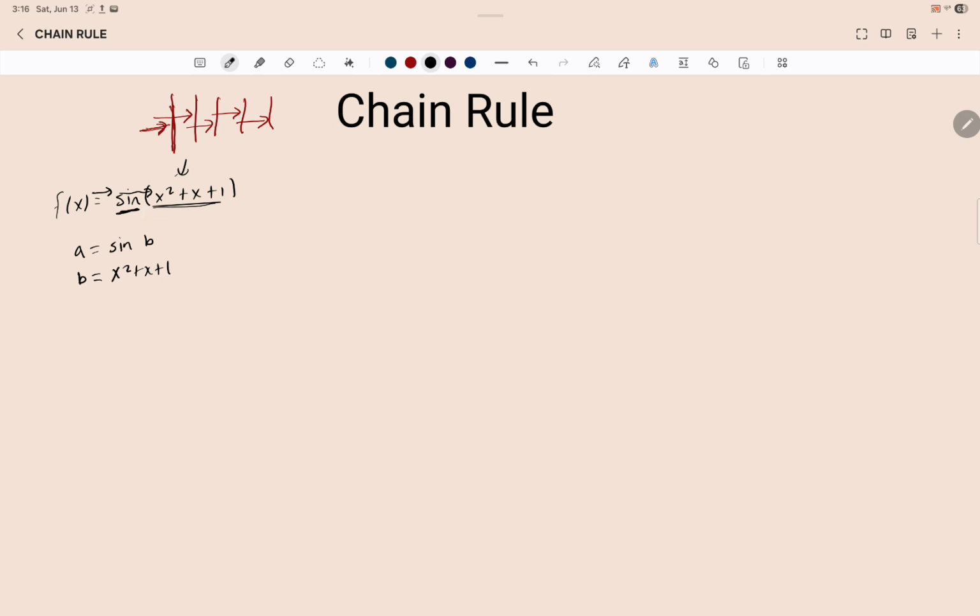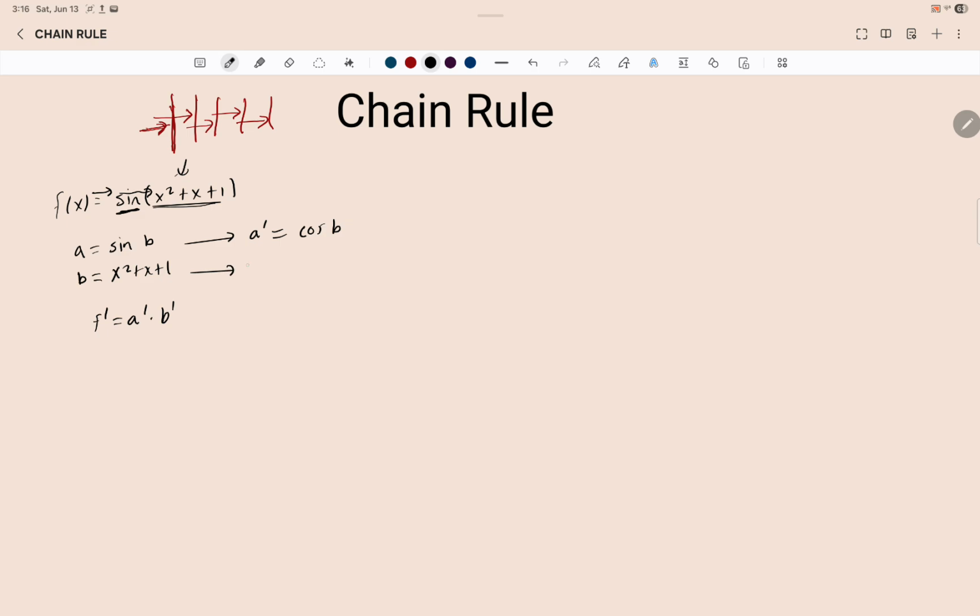The whole reason why we do that is because the derivative of f is going to be a prime times b prime. Okay, so let's find the derivative of a. The derivative of a, which is a prime, is equal to the derivative of sine b, right? So the derivative of sine b is cosine b.